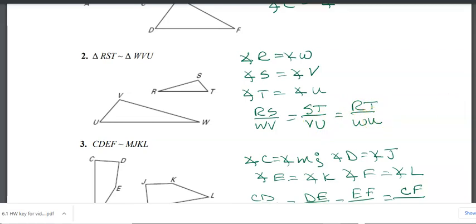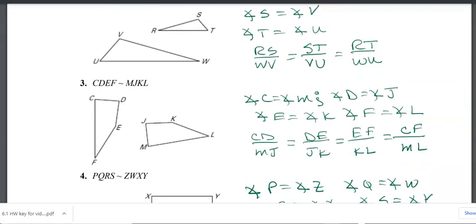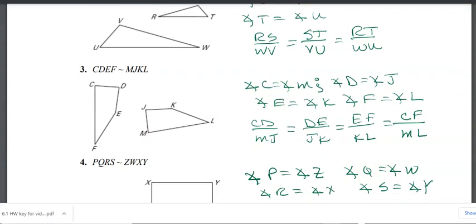Okay, when you have four sides, so that's a quadrilateral, you're going to have four pairs of angles that are congruent. Again, we're going to use the similarity statement to get our angles. So first angle equals first angle. Second angle equals second angle. Third angle equals third angle.